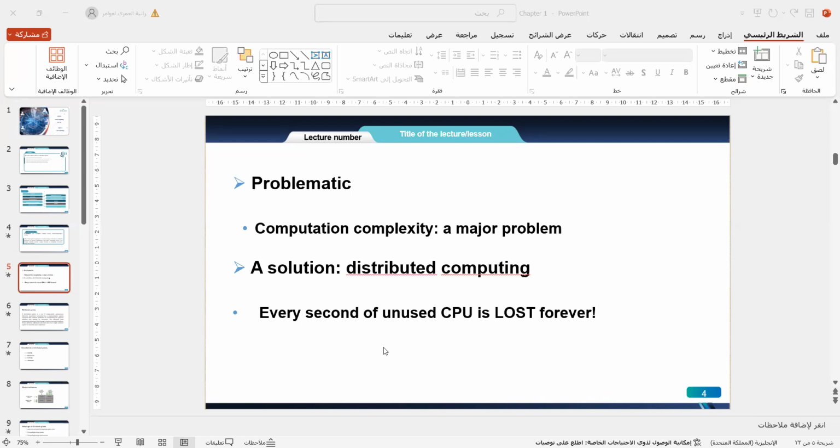Together, these components function as a unified virtual supercomputer that offers greater computational power, storage, and efficiency than any single machine could provide.